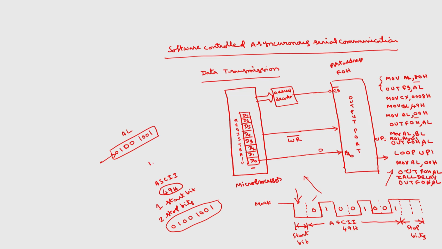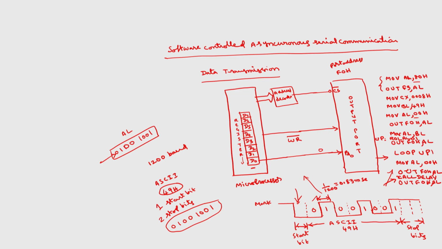If I want to use 1200 baud rate, as we computed yesterday, the duration of each bit will be 1 by 1200, which is equal to 0.83 milliseconds. So, you have to write a delay program equivalent to 0.83 milliseconds, even between 2 consecutive bit positions.